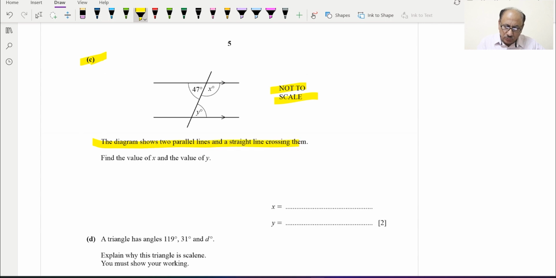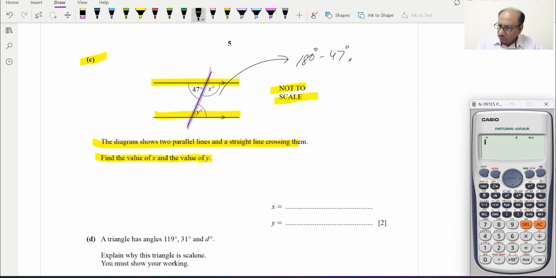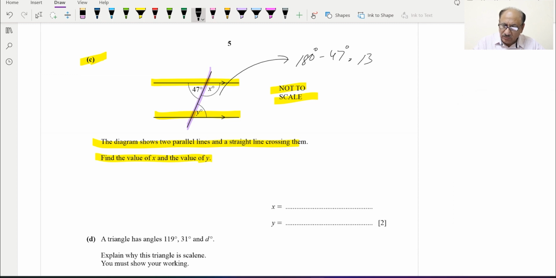Part C, a diagram is provided which is not to scale. The diagram shows two parallel lines and a straight line crossing them, and we need to find the value of x and the value of y. The value of x we can find: it will be 180 minus 47 because it is a straight line. So 180 degrees minus 47 is equal to 133 degrees.